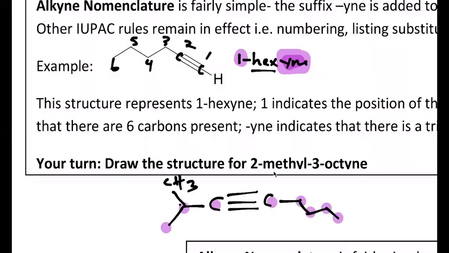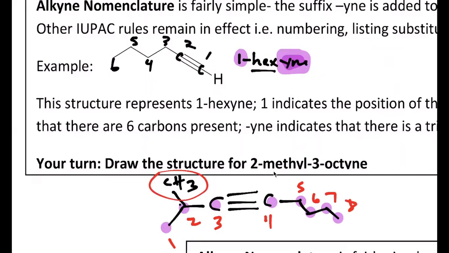At carbon 2 we have a methyl group as a substituent, and then the alkyne is between carbons 3 and 4.